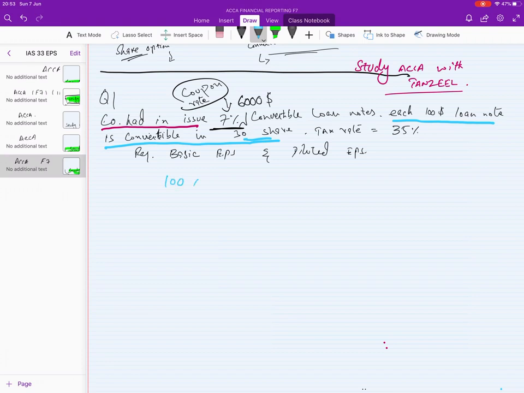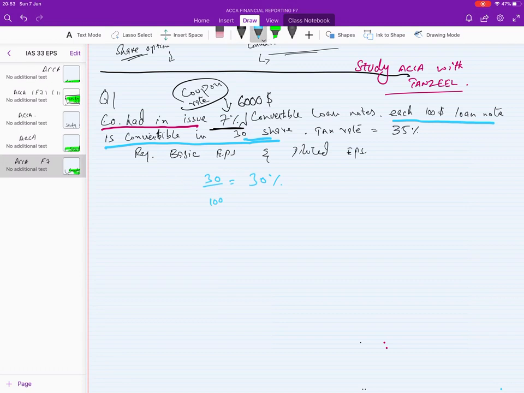It means the company is issuing 30%, or you can say 30 divided by 100.